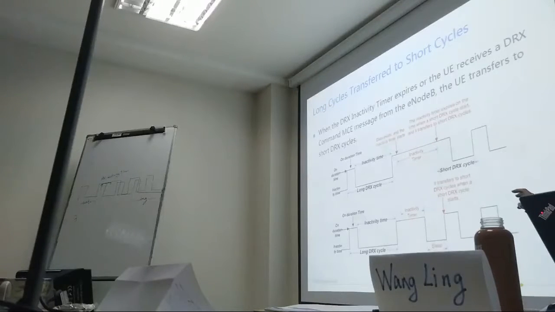This cycle is configured by the eNodeB, so the eNodeB should know when the UE is awake and when it is sleeping. If the eNodeB is normal, it should transmit in the on duration timer. But maybe sometimes the eNodeB transmits the information during the inactivity timer. Then the UE cannot receive it, it just misses it.